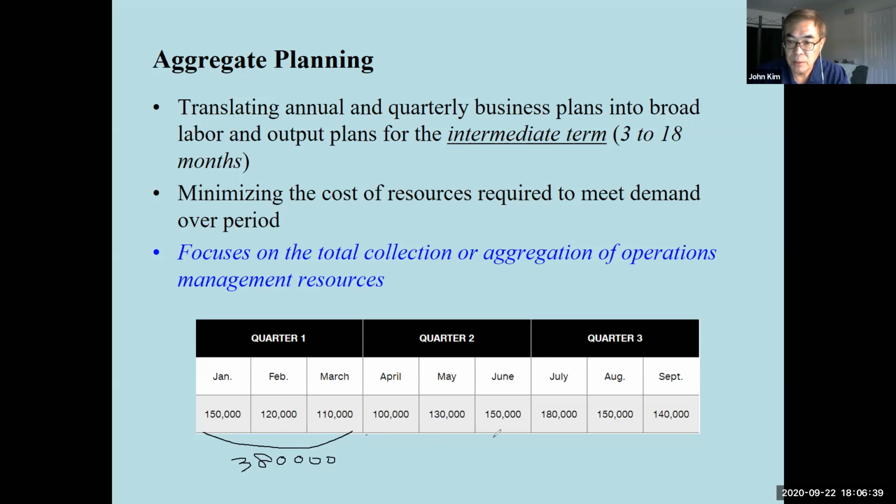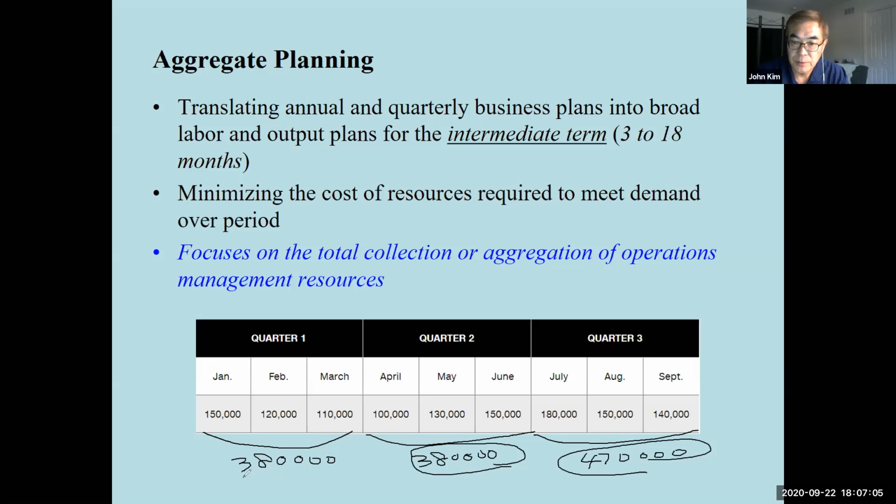The next 3 months, the same, 380,000, and the next 3 months is 470,000, like this. So we focus on the total collection, because aggregate planning is an intermediate-term plan.